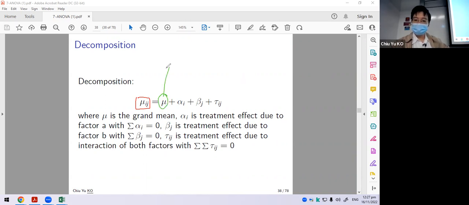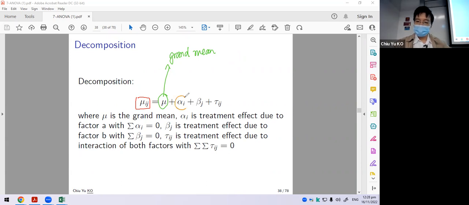This is the grand mean, which we'll define in the next slide. The grand mean is the mean if you really don't care about the grouping, the mean where none of the grouping is being considered. That will be the mu, right?